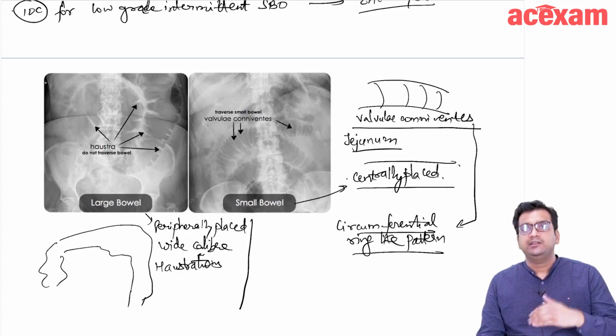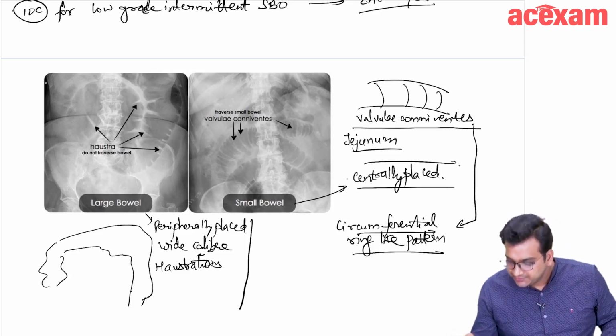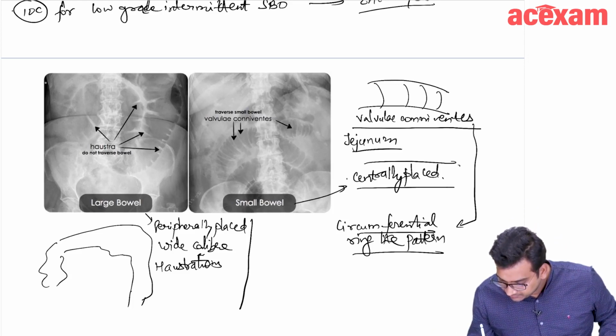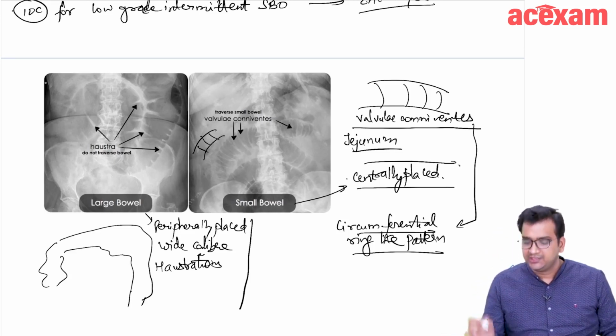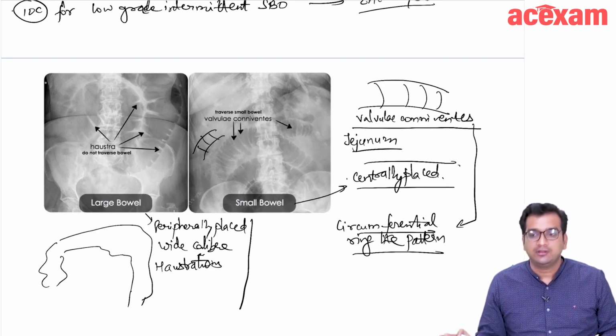It is generally placed on the upper side of the abdomen, and you can see here a bowel loop like this, with multiple transverse small bowel valvulae conniventes in a circumferential ring-like pattern. This is mainly a dilated jejunal loop, and it is a small bowel obstruction.